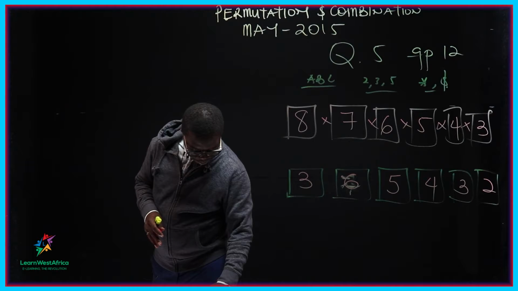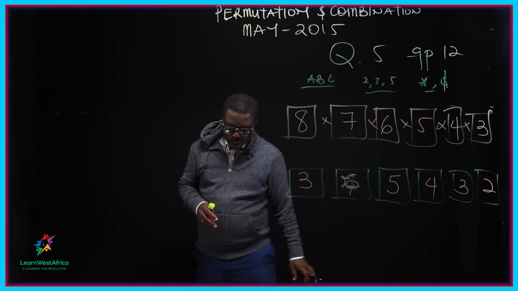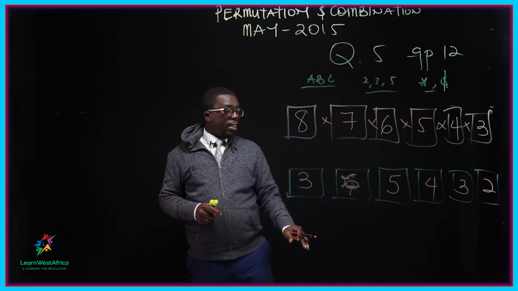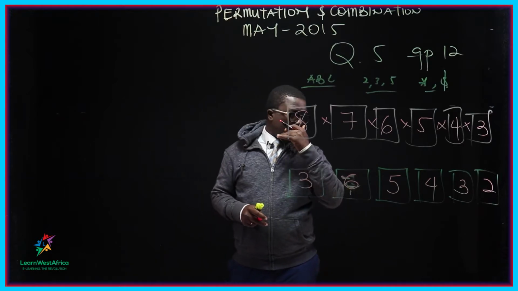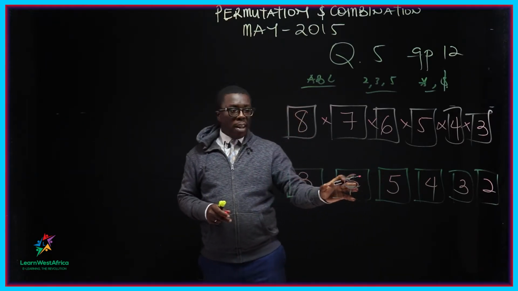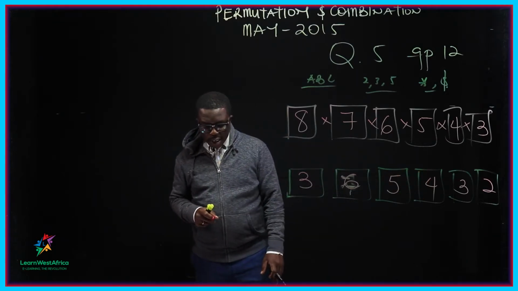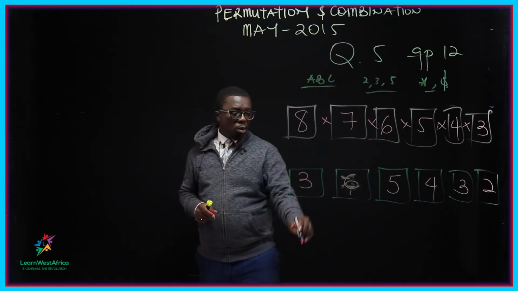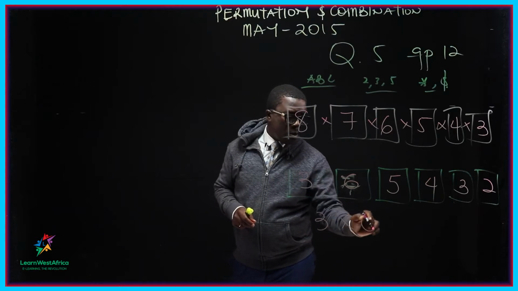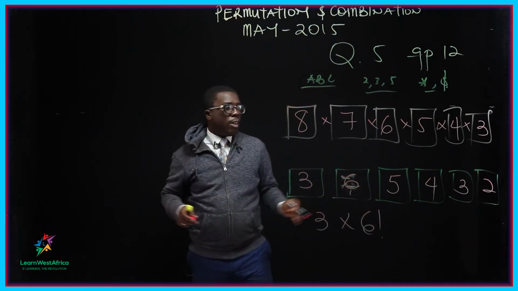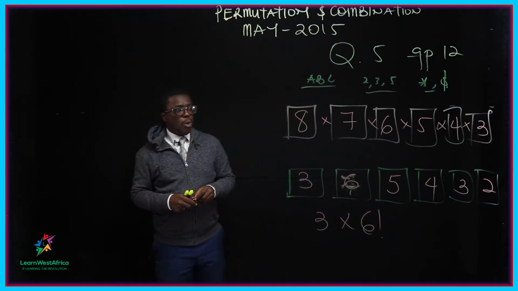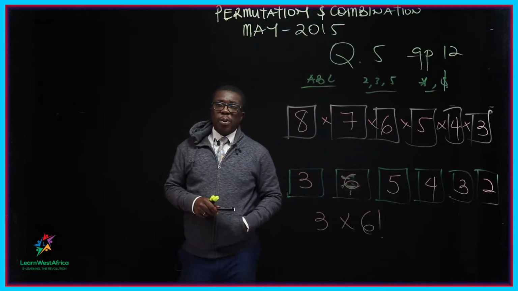If you're able to do that, this gives you 6 factorial, because 6 times 5 times 4 times 3 times 2, that's 6 factorial. And this side is going to be 3. So we're going to have 3 times 6 factorial, and that should give you your answer for that.